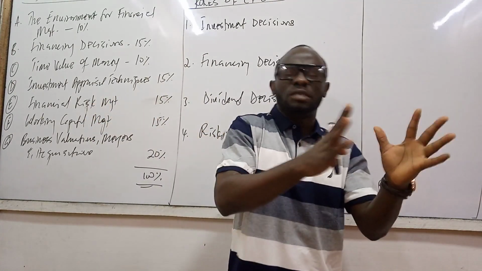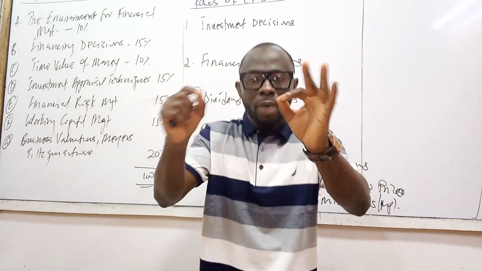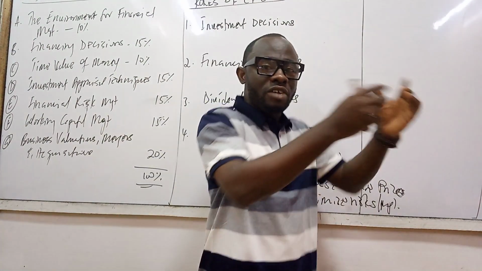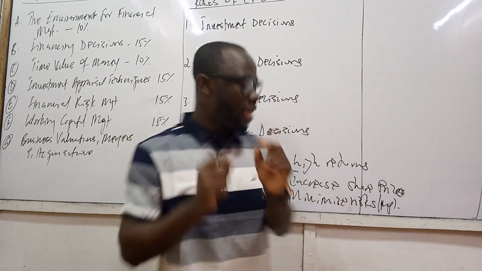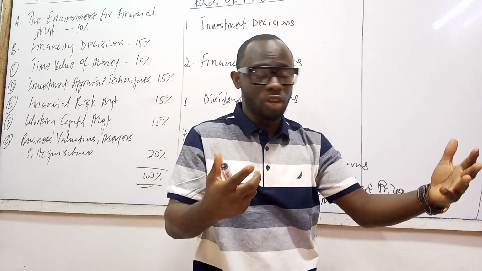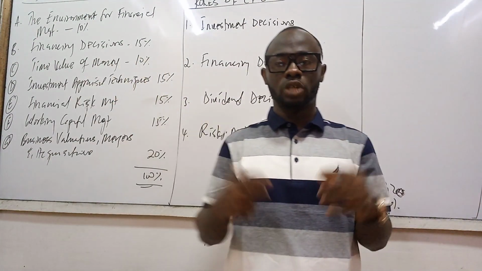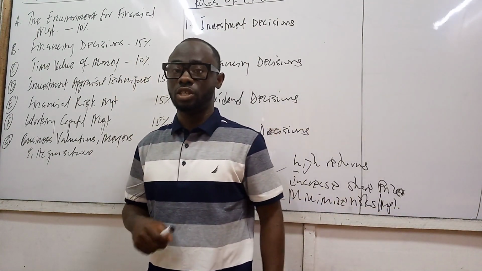When we say maximization of the wealth of the shareholders, what exactly do we mean? We mean giving them high returns on their investments. We mean making decisions that will increase the share price of the organization. We mean number 3, minimizing the risks that we expose their money to as an organization.